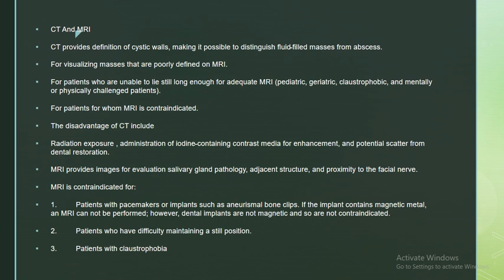Now we come to CT and MRI. CT provides a definition of cystic walls, making it possible to distinguish fluid-filled masses from abscess. It is used for visualizing masses that are poorly defined on MRI, for patients who are unable to lie still long enough for adequate MRI, like pediatric, geriatric, claustrophobic, and mentally or physically challenged patients, and for patients in whom MRI is contraindicated.